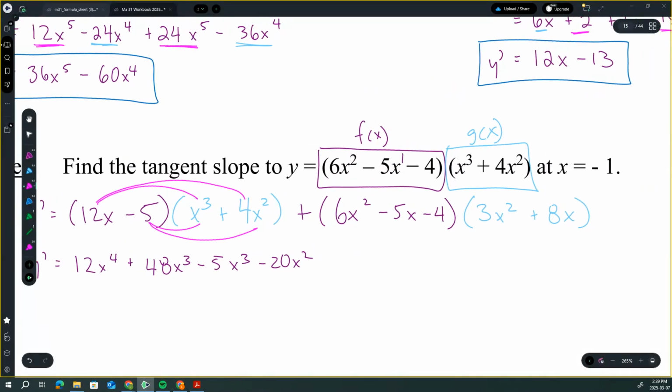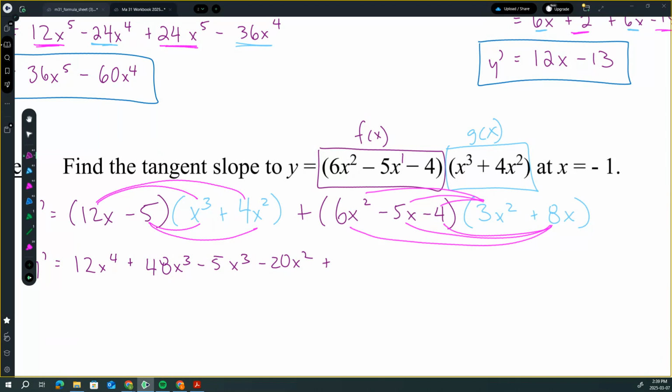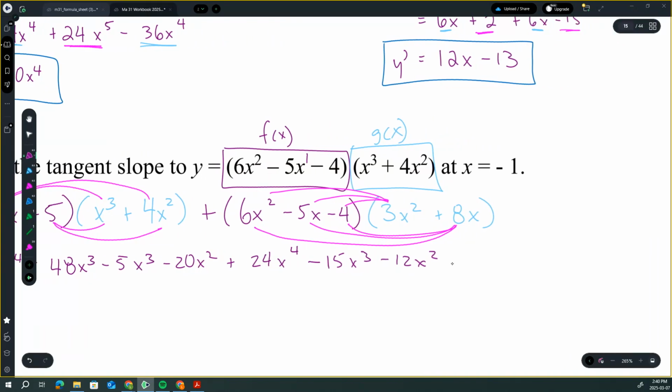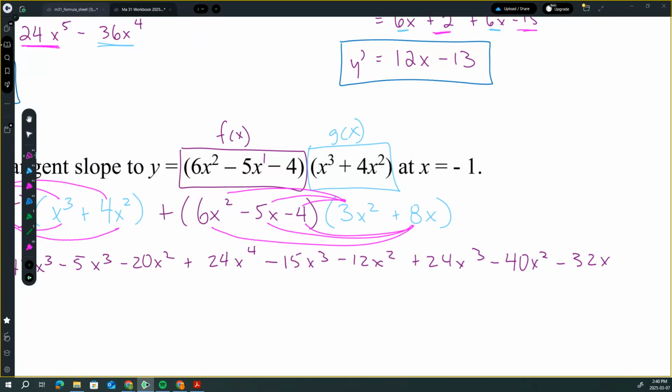And then for the next one, we're going to get 24x to the power of 4, minus 15x cubed minus 12x squared plus 24x cubed minus 40x squared minus 32x.